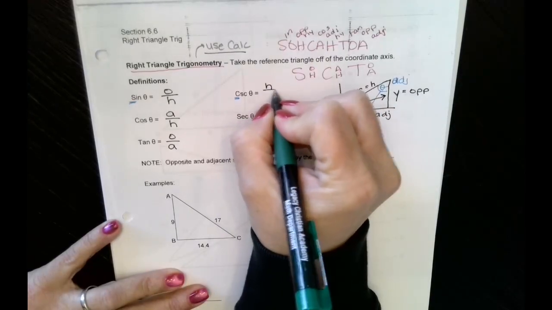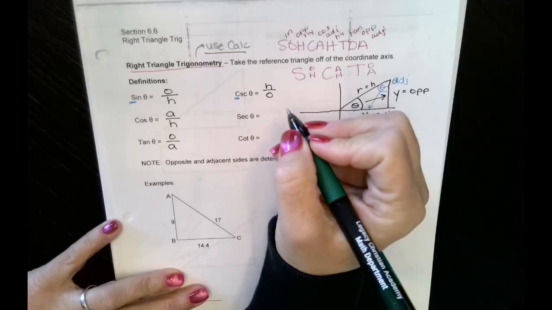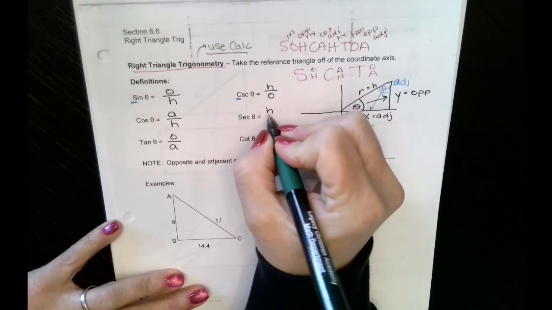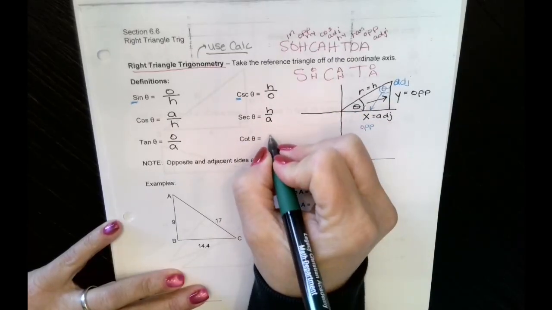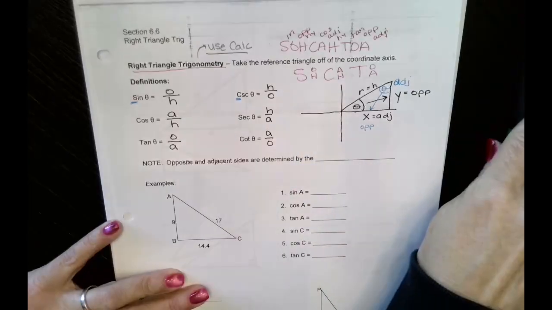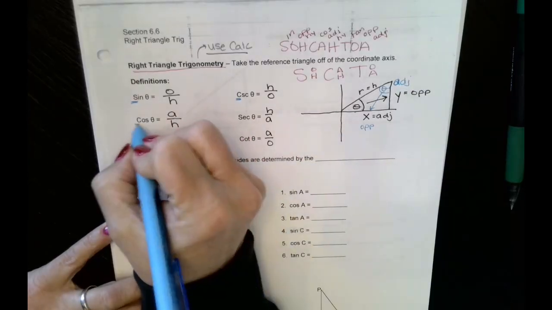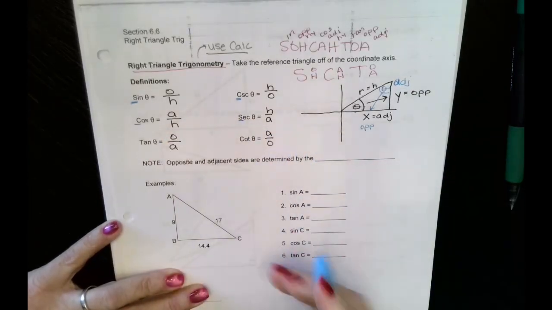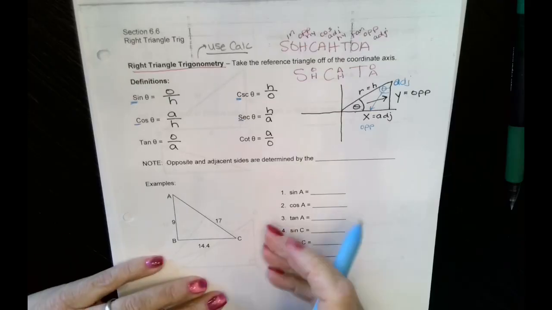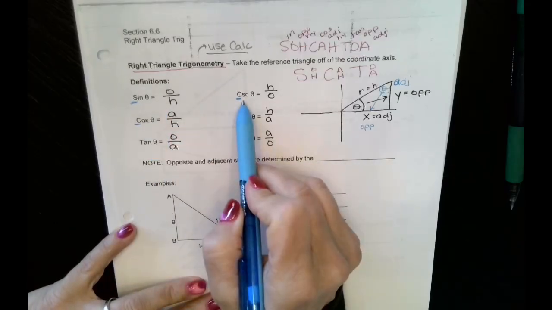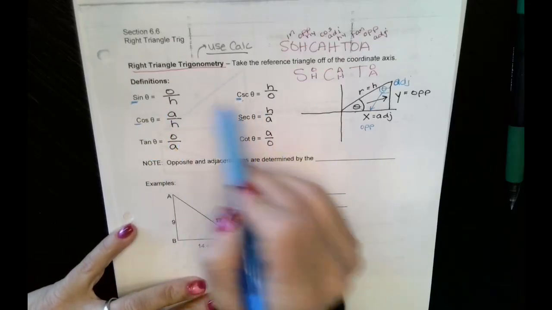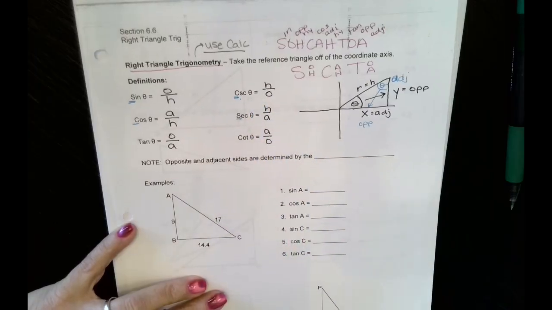So it's going to be the hypotenuse over the opposite, and then hypotenuse over adjacent, and cotangent is adjacent over opposite. So again, here my C value goes with my S value. So it's super important that you understand what the inverse function is so that you've got your values correct.